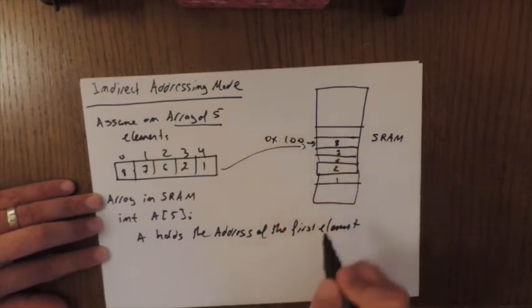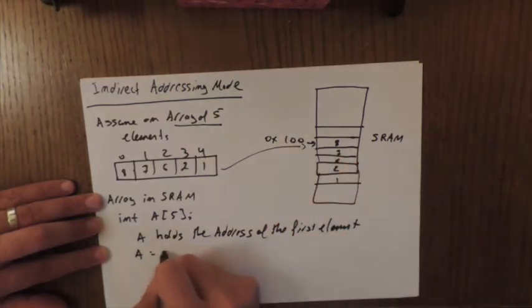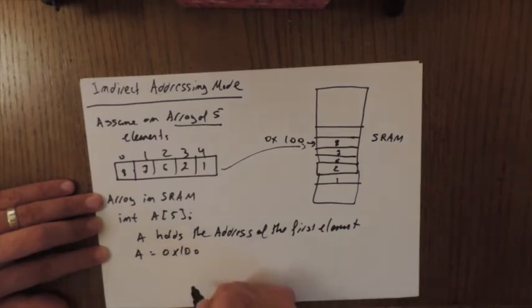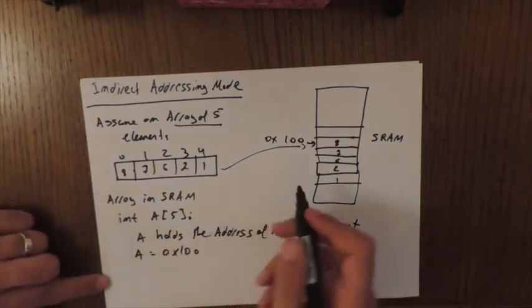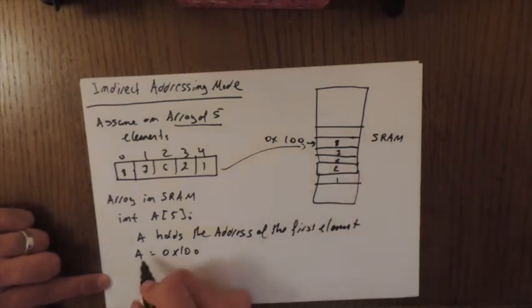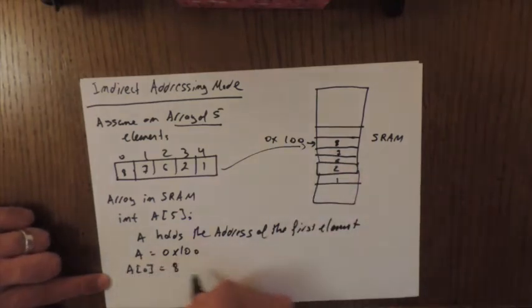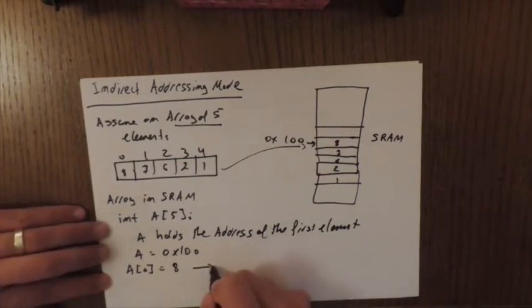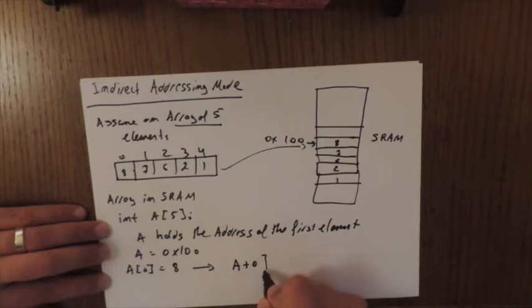So A will be equal to 0x100. And if I want to access the first element, I say A of 0 is equal to 8. This translates to A plus 0. The content will be equal to 8.